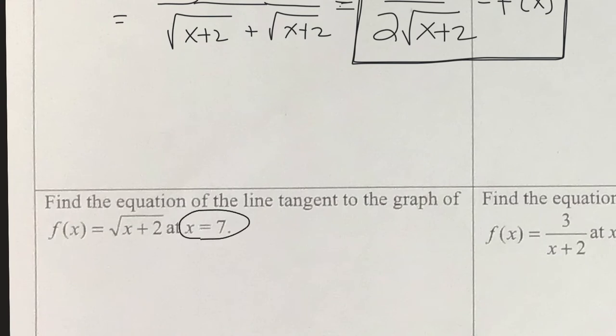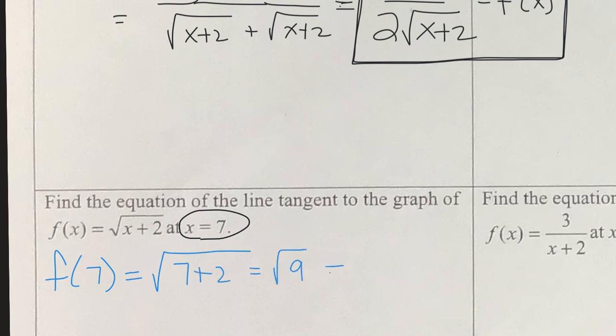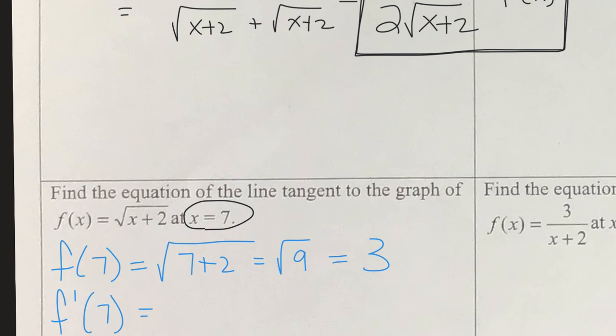I know that x equals 7. That's one of the parts that I need. I also need the y value, so f at 7, which is the square root of 7 plus 2, root 9, which is positive 3. So that is my y value. And I also need the slope, so I need f prime at 7. F of 7 is the y value, and f prime at 7 is the slope.